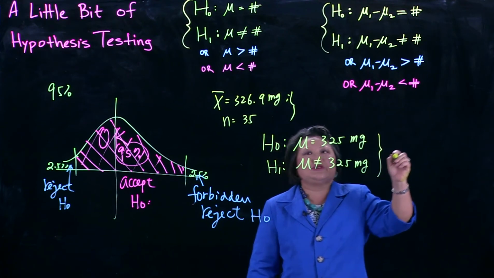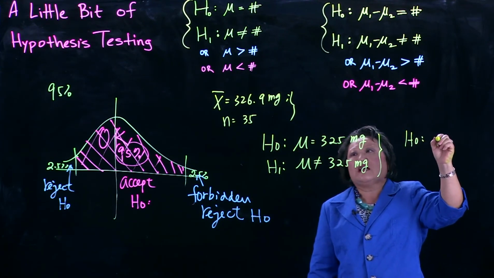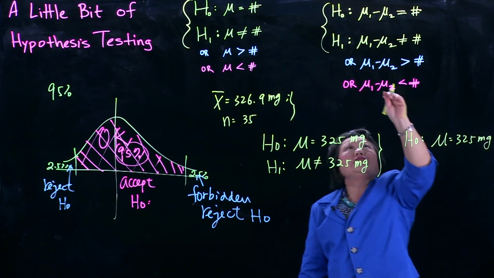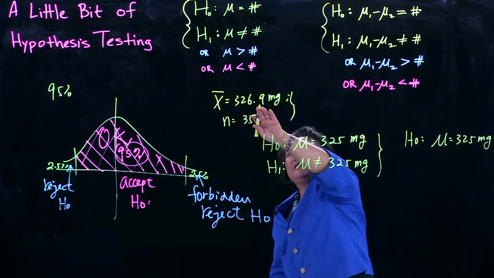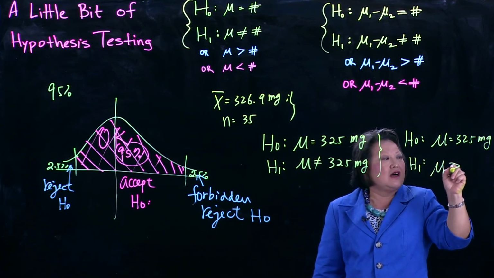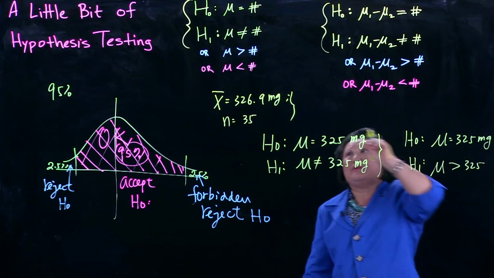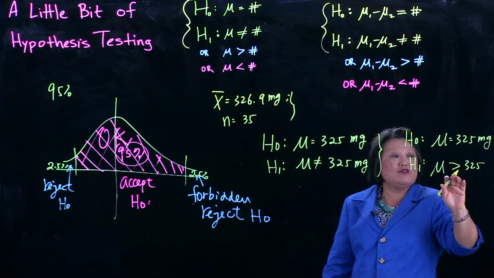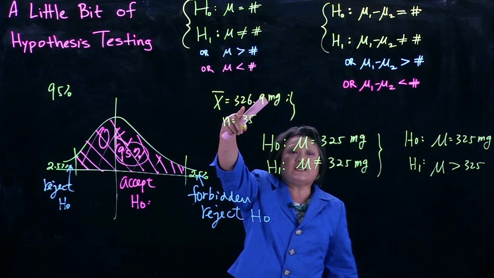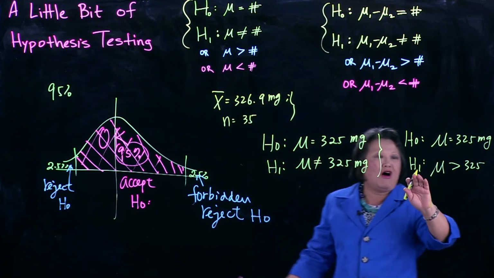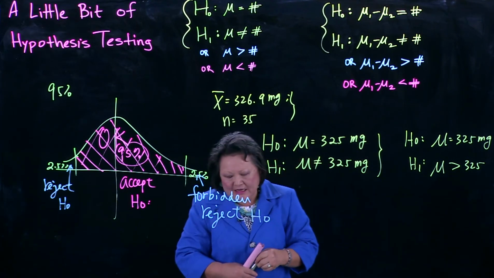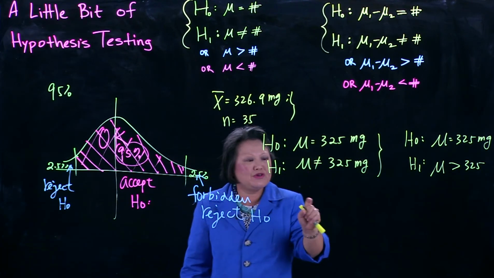Then you do H null, and I still want to see, can it be like this? Since your actual value is 326, your alternate has to be larger than 325, because this number is larger than that. You cannot say less. But if this number is 323, then your alternate can be less. So that's a restriction.